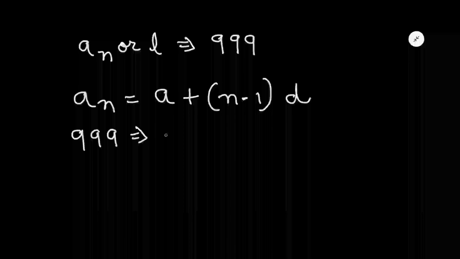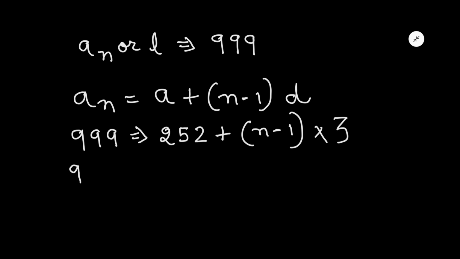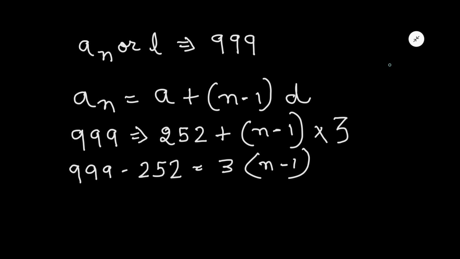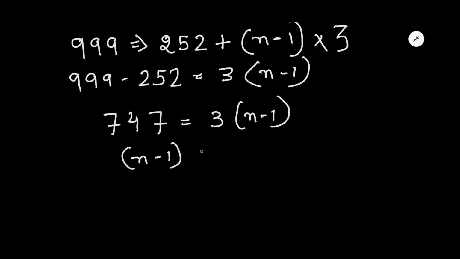First term we already find, which is 252, plus (n minus 1), and our common difference is 3. So 999 minus 252 is equal to 3 into (n minus 1). So 999 minus 252 is equal to 747, which is equal to 3 into (n minus 1). n minus 1 is equal to 747 divided by 3.